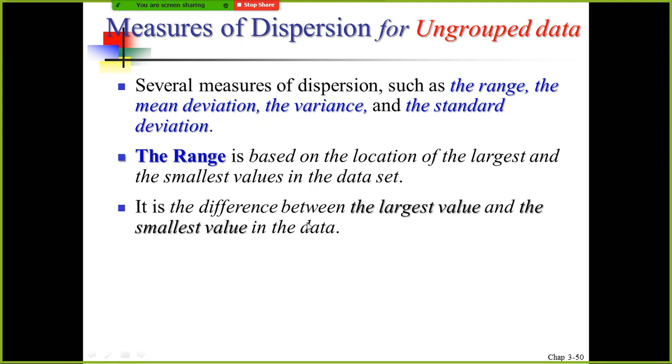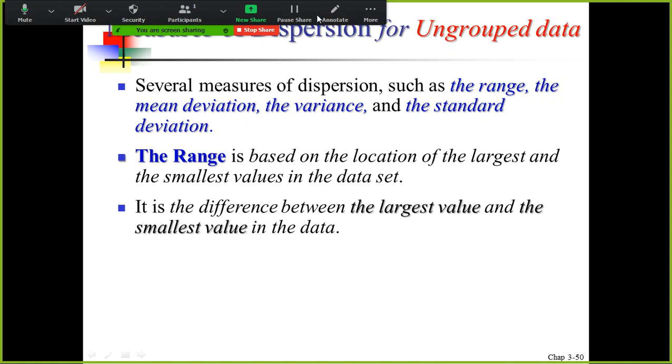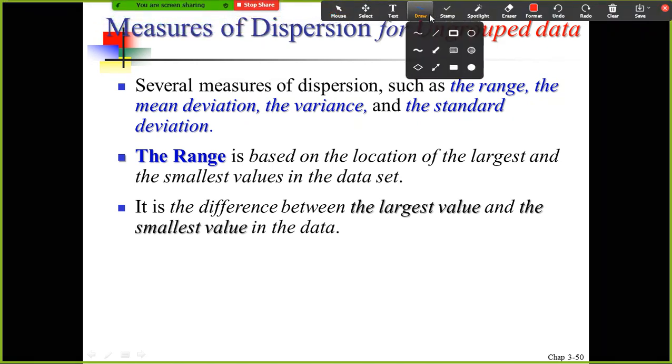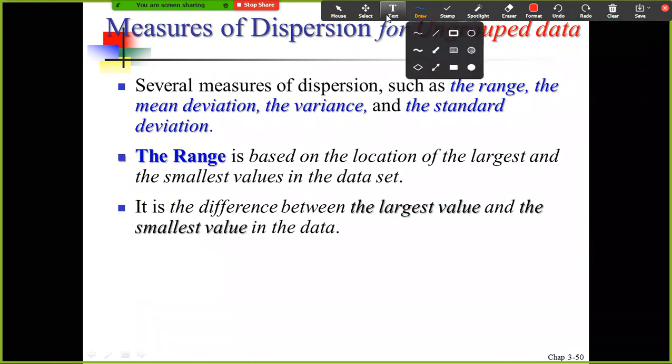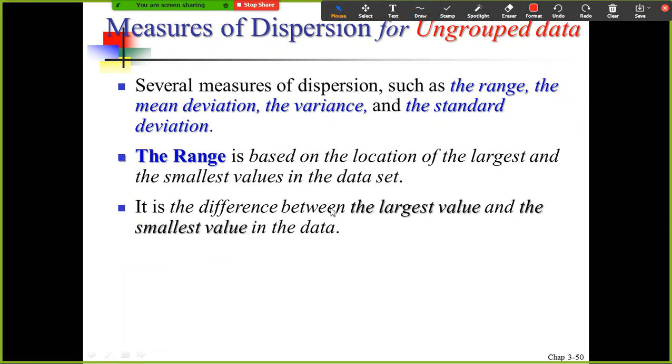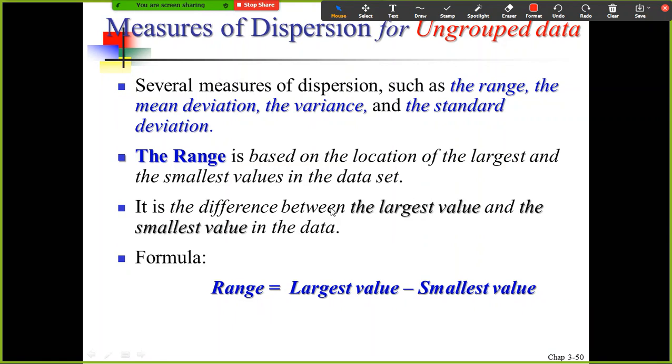So how to find range? In order to find range, you need to find the largest value that I label capital H and the smallest value in a dataset that I label capital L. So this is the formula for a range.